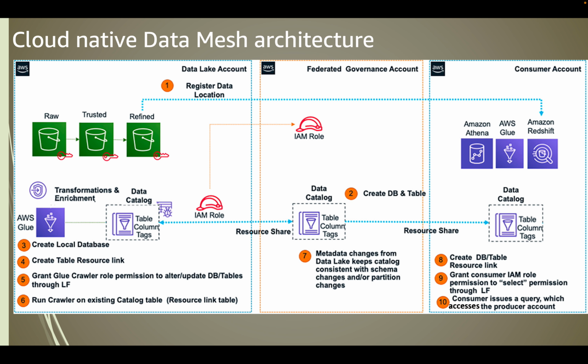So let's take an example of that, in AWS. You see that here the data lands in the raw data store in S3, then we build the trusted layer and then refine it. All the data gets registered in the centralized data catalog, where we record the metadata for the database and the table.